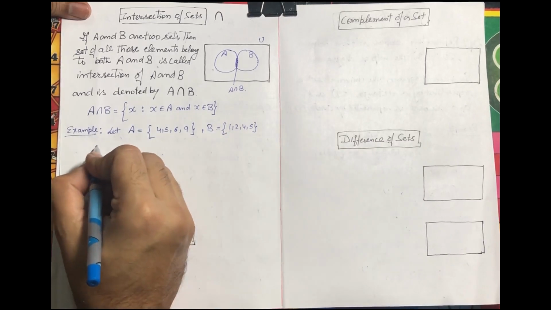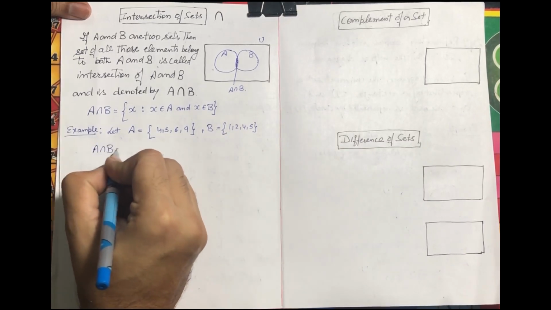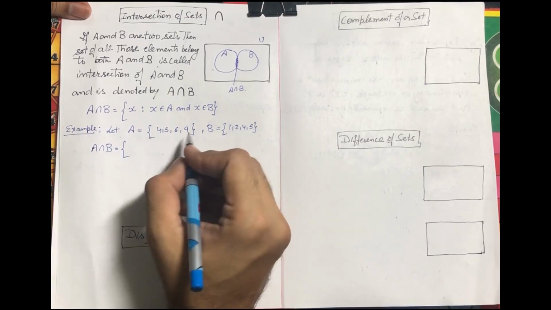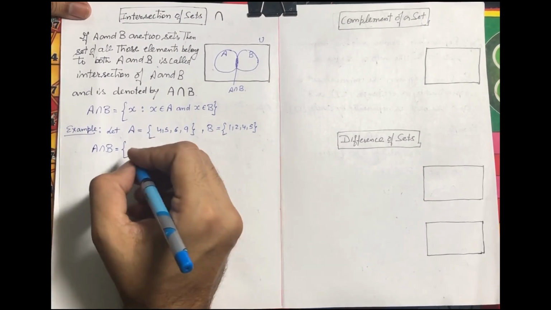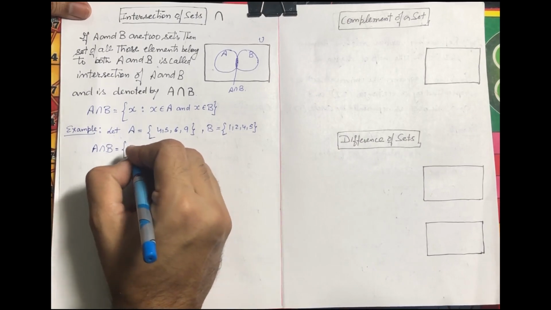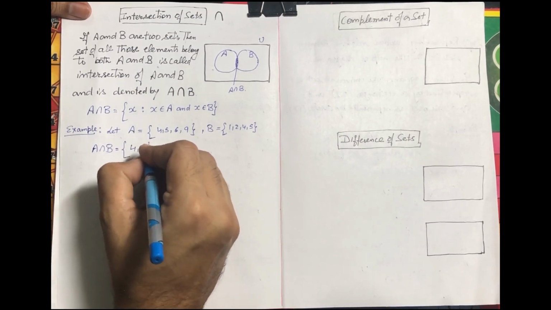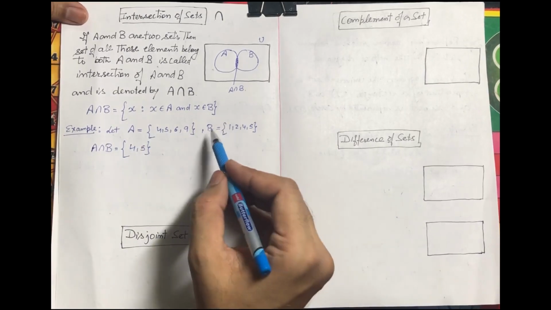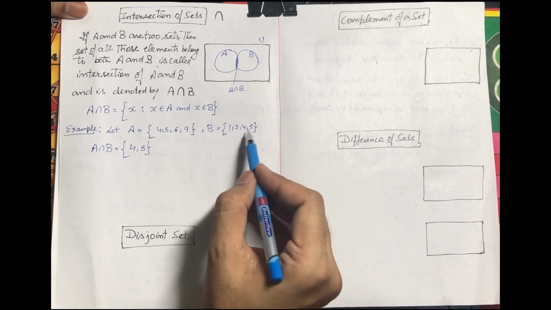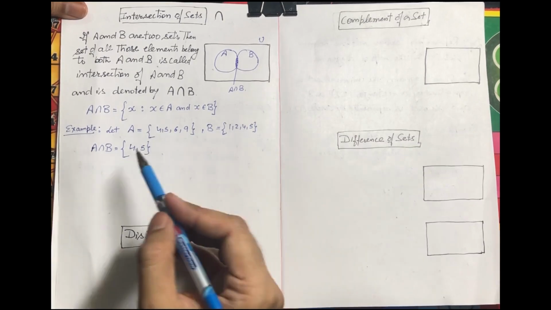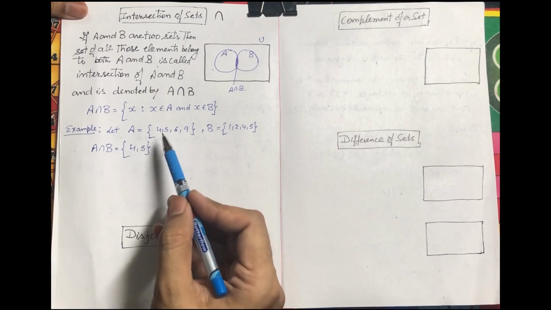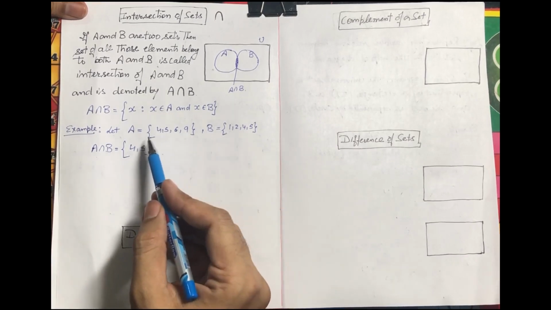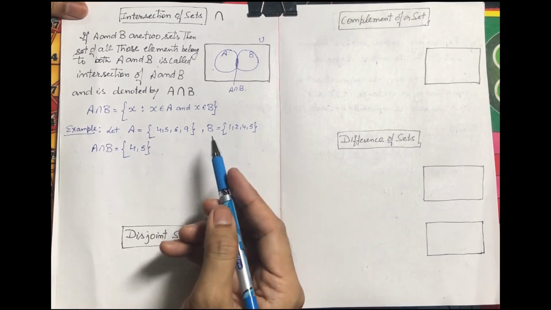Then what is A intersection B here? What are the common elements of A and B? 4, 5. You see, intersection of A and B is 4, 5 because they are common to both the sets A and B.